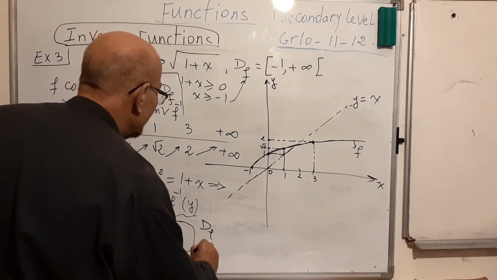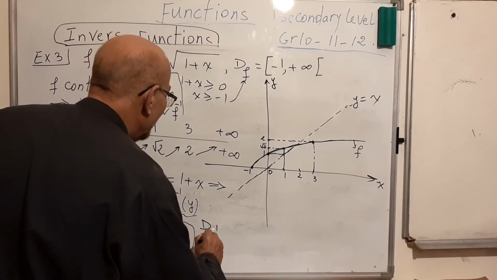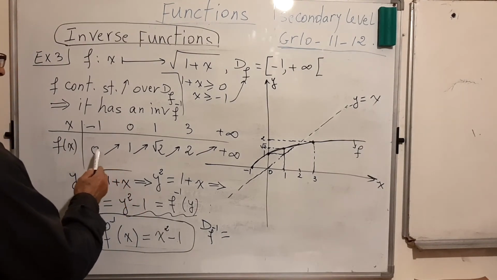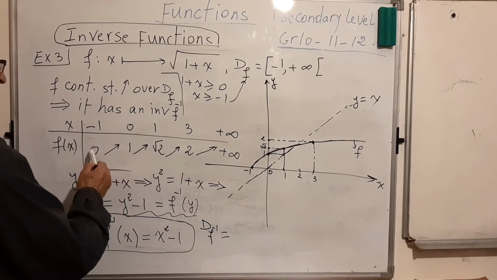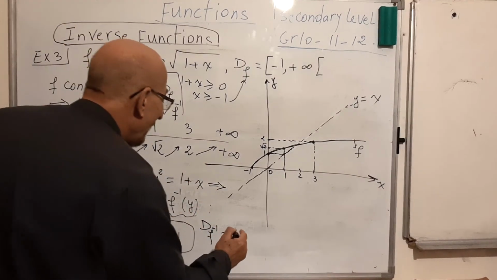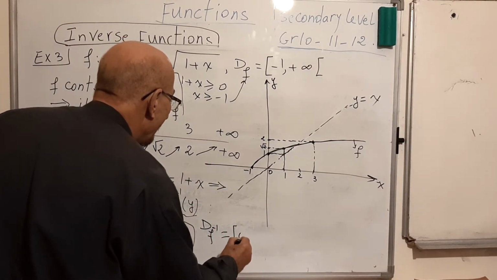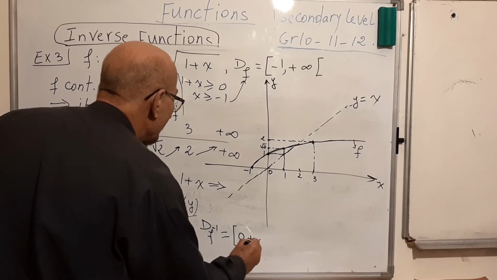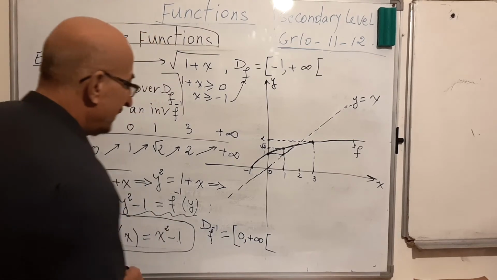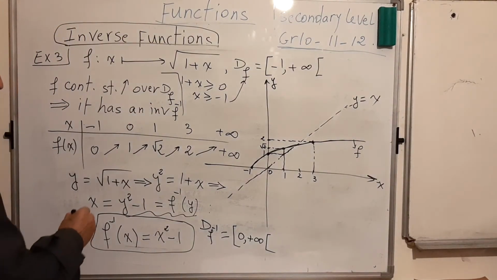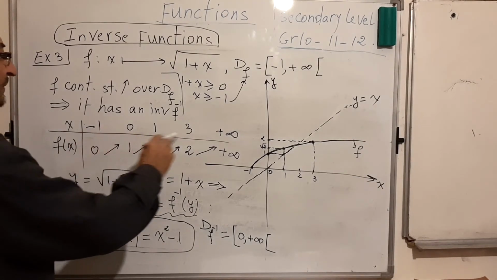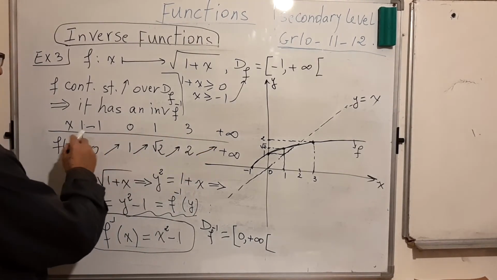The domain of definition of f minus 1 is, by the table, [0, plus infinity), the image of the interval [-1, plus infinity) by f.